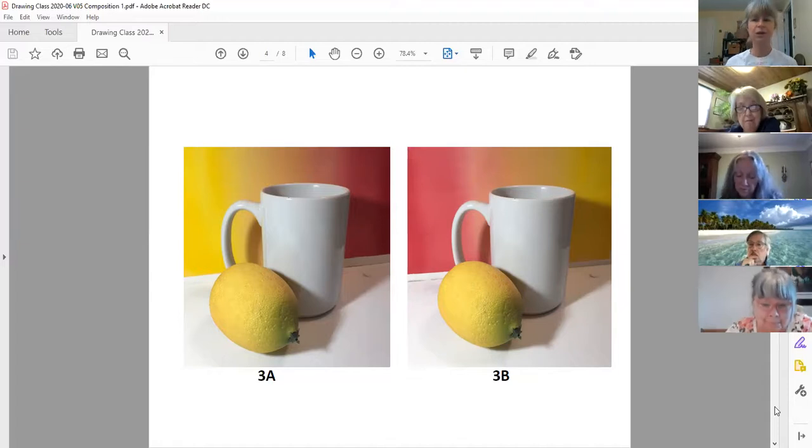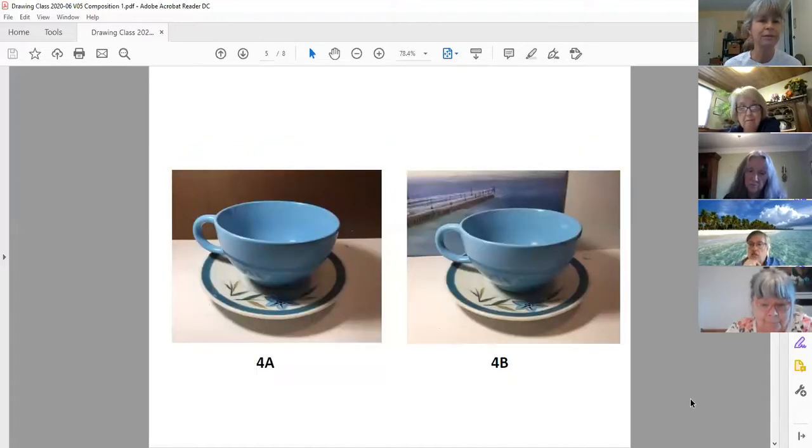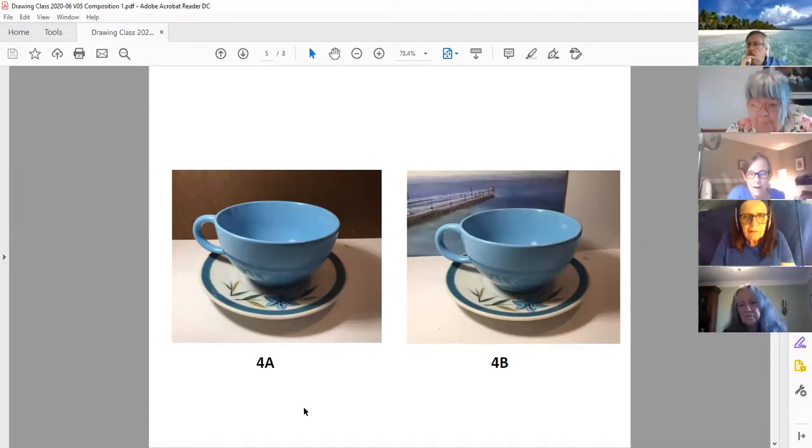Very good. So let's move on to number 4. This is a trickier one. Someone who hasn't spoken yet. Julie, you haven't spoken yet. Would you tell us? I did think this was a hard one, because I like seascapes. That's what the painting is.